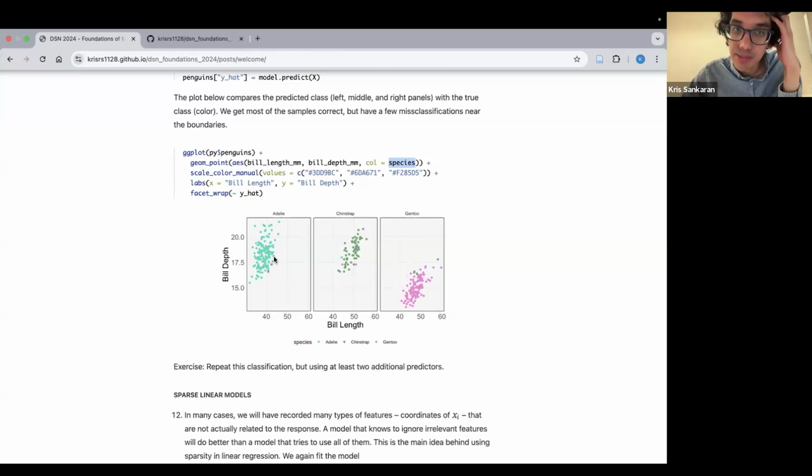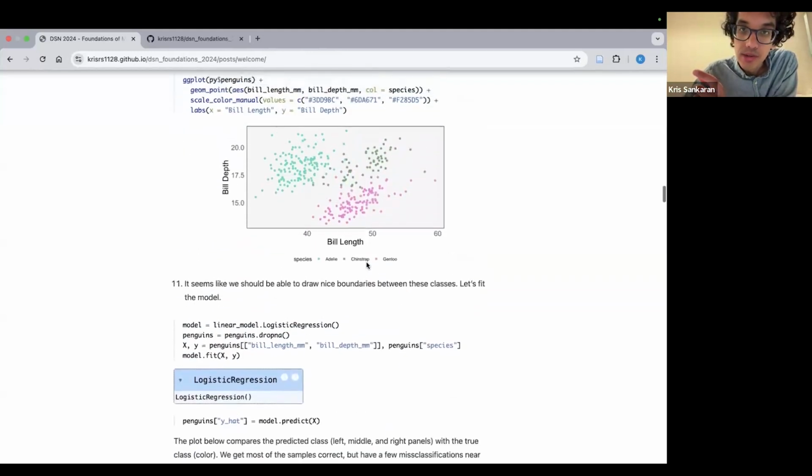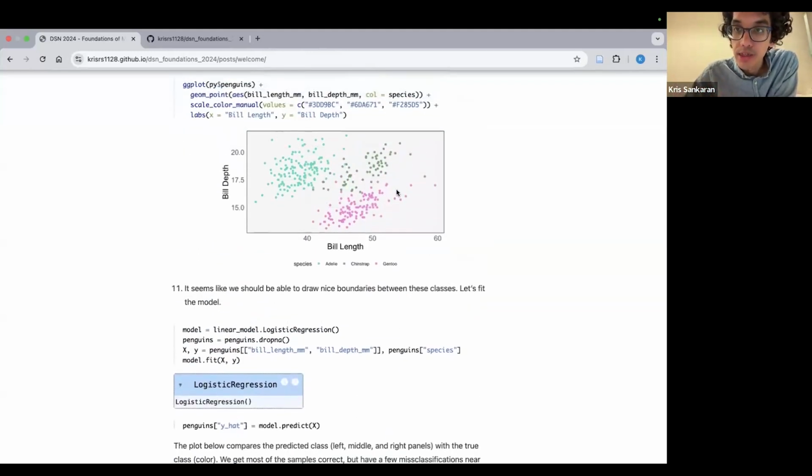They're actually chinstrap penguins with very short bills relative to the other chinstrap penguins, and the model mistakenly classifies them as Adelie. And same out here, there are a couple of misclassifications. They tend to be at the boundaries, which makes sense. When you're at the boundary between the different clusters, there's some ambiguity about what the label should be given what inputs you have.